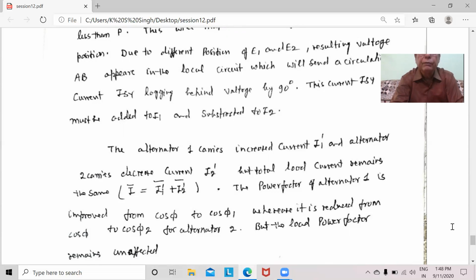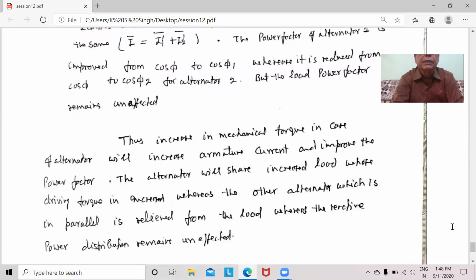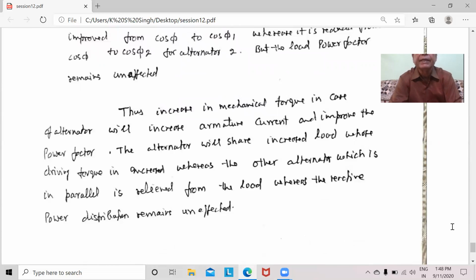In this way, under load condition, an increase in mechanical torque of an alternator will increase its armature current and improve its power factor.